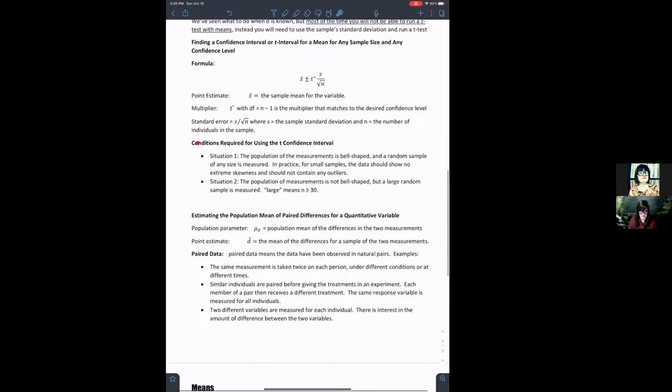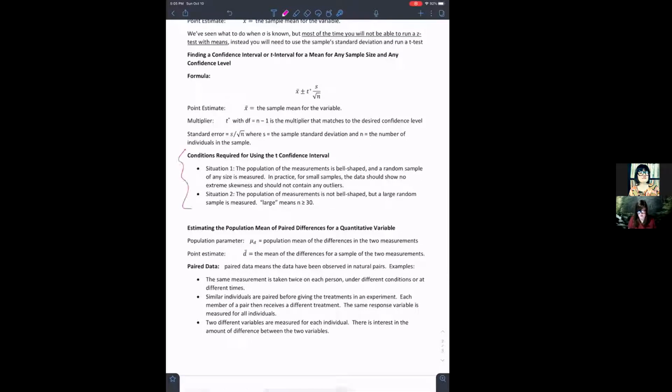Here are the conditions that we want to meet for a T confidence interval. We're going to be using these conditions to meet all the other ones. So come back to these conditions right here to be able to use the T distribution.